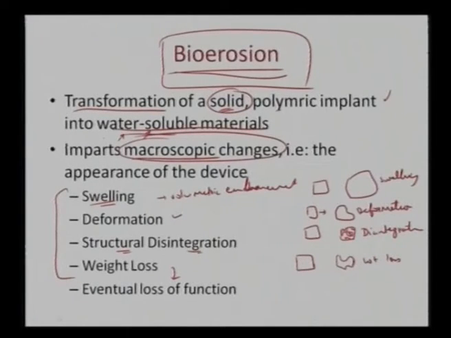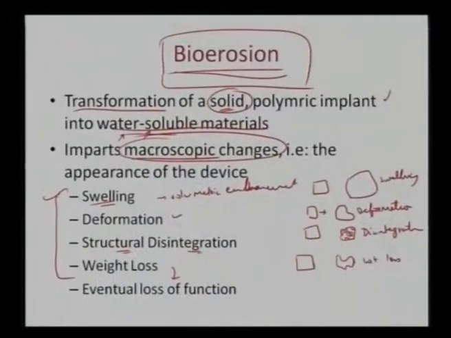We can easily see a change in the appearance of a particular device with the bioerosion. The device can swell. Swelling is nothing but the volumetric enhancement, as it starts absorbing water. The hydrolysis might cause an increase in the overall volume, which leads to swelling.